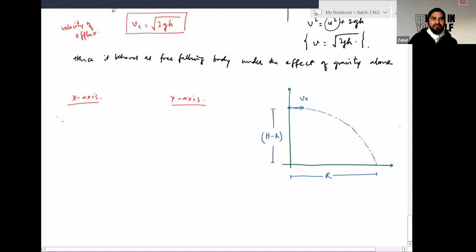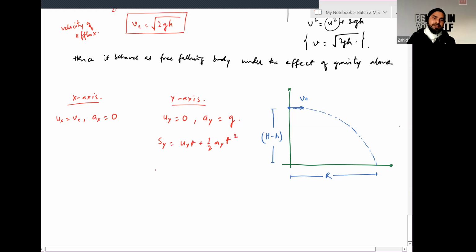Along the x-axis, we have initial velocity as VE. Acceleration along the x-axis is 0 since this velocity will be constant. Along the y-axis, we don't have any initial velocity, but it is accelerated due to gravity. So from this y-axis, let me define the time to fall on the ground. Using the second equation of motion, s equals ut plus half at squared.